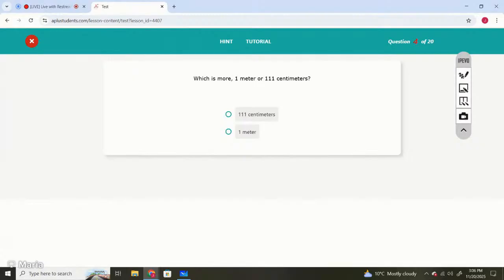Which is more, 1 meter or 111 centimeters? 111 centimeters is more than 1 meter.